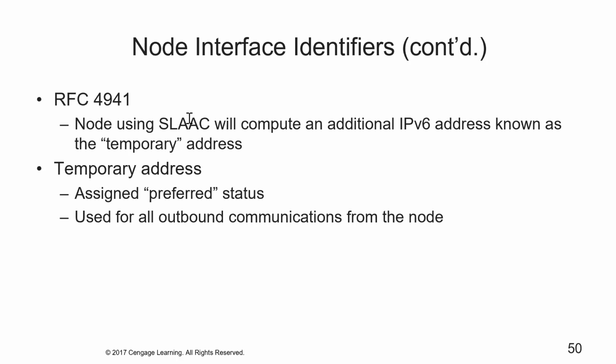So again, we talked about how RFC 4941 states that there's a stipulation saying the node using SLAAC will compute an additional IPv6 address. That's the temporary address, and it's used for outbound communications.